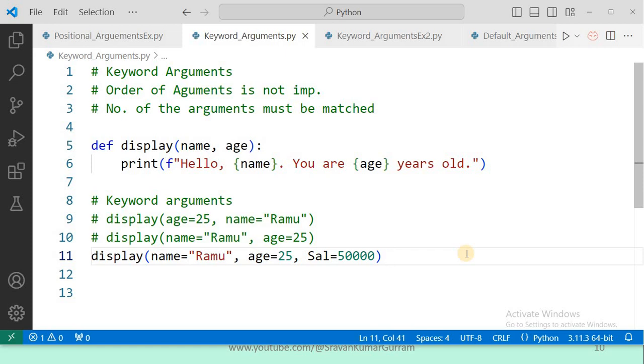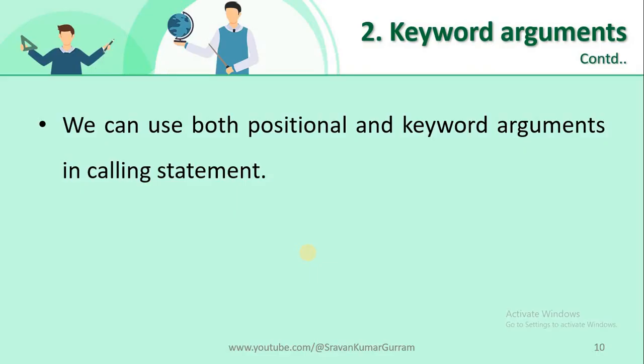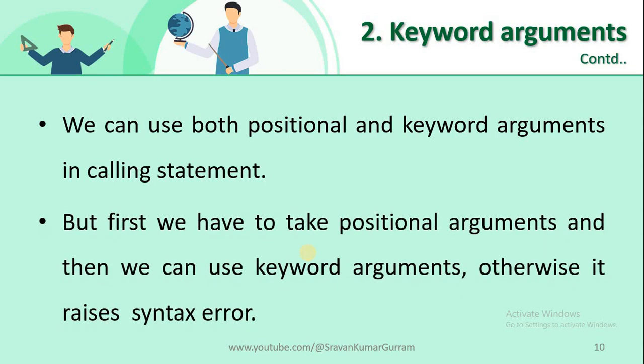But the number of the arguments must match. We can use both positional and keyword arguments in a single function calling statement also. But here the rule you must remember is, first we have to take positional arguments. Then we can use keyword arguments. If you change this order, that raises an error.